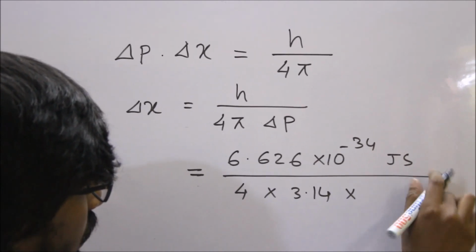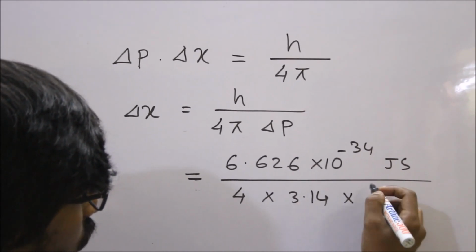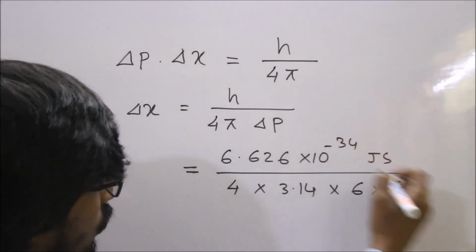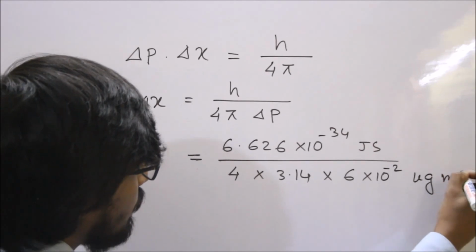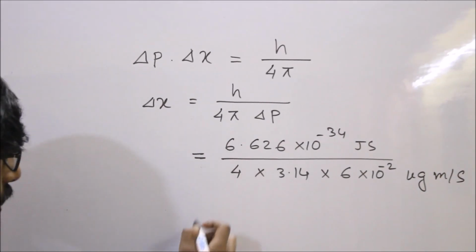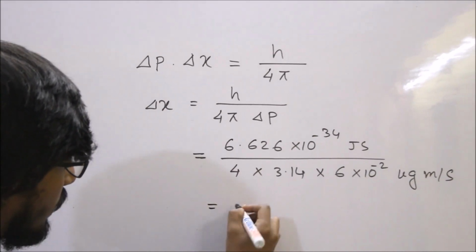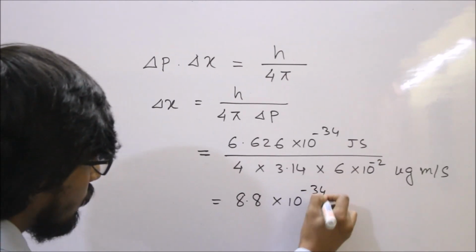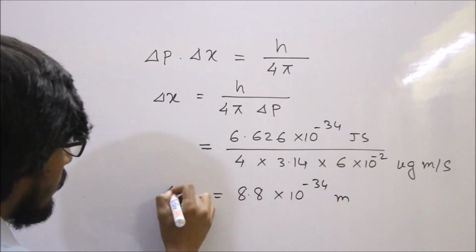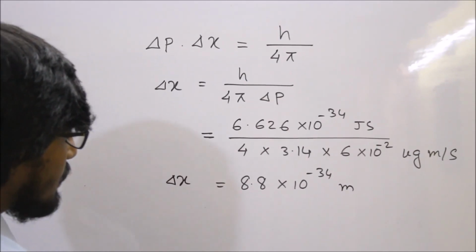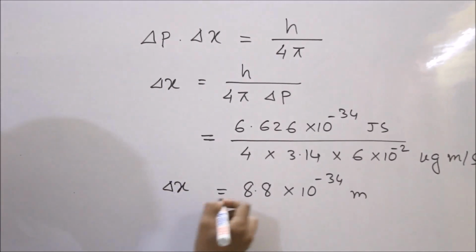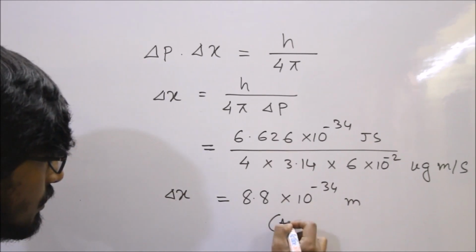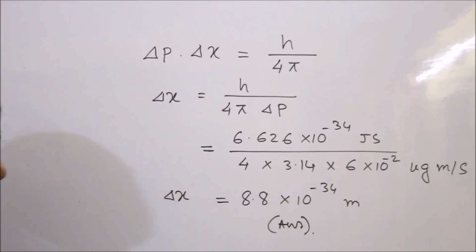Given in the question, delta p value is 6 into 10 to the power minus 2 kg meter per second. After calculation we get 8.8 into 10 to the power minus 34 meter, and this is the uncertainty in the measurement of position of this electron, and this is our answer.